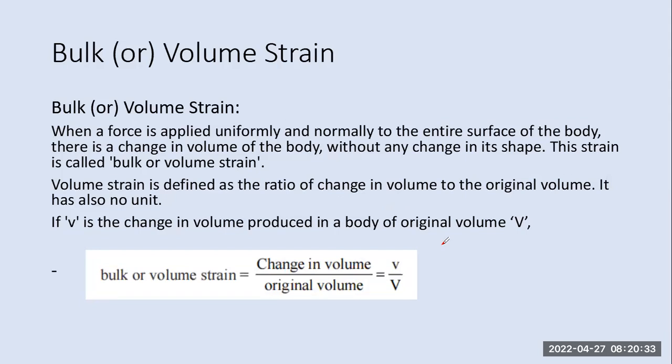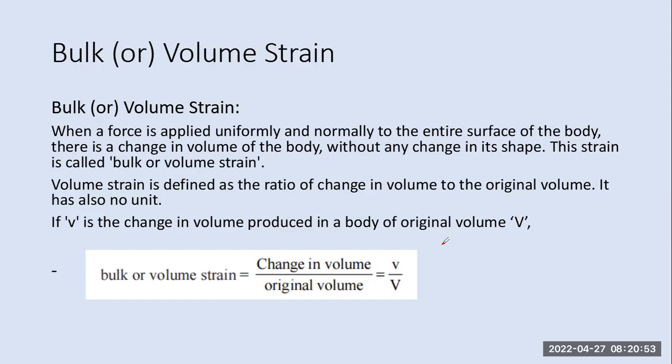Here we have the bulk or volume strain. We define a bulk or volume strain as when a force is applied uniformly and normally to the entire surface of the body, there is a change in volume of the body without any change in its shape.